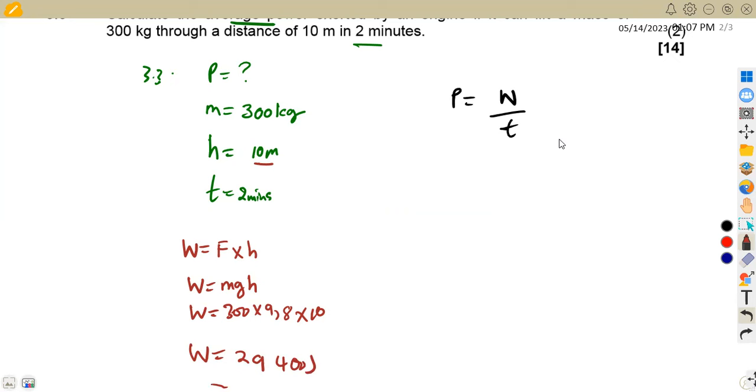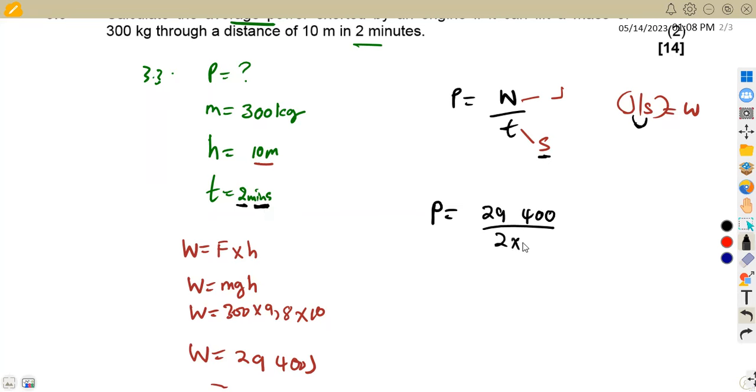So from this, we can use the formula, having our work done in joules and our time in seconds. That's power in joules per second, which is equivalent to power in watts. So we are going to have our power from there, work done of 29,400 divided by the time in seconds, so that we obtain the joule per second concept. The minute is going to be 2 by 60.